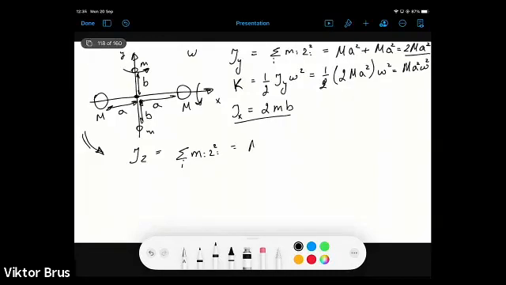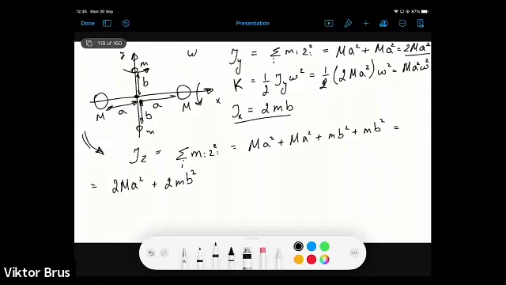And that is equal to ma squared plus ma squared plus mb squared plus mb squared. So all bodies contribute. So we will get eventually 2ma squared plus 2mb squared.